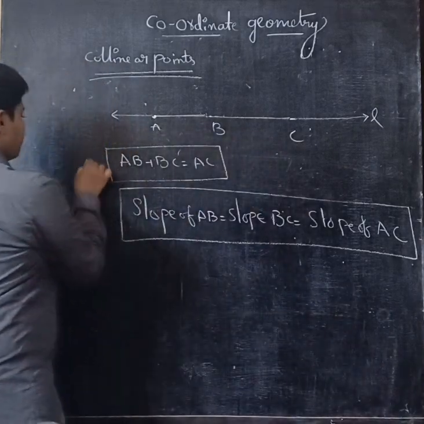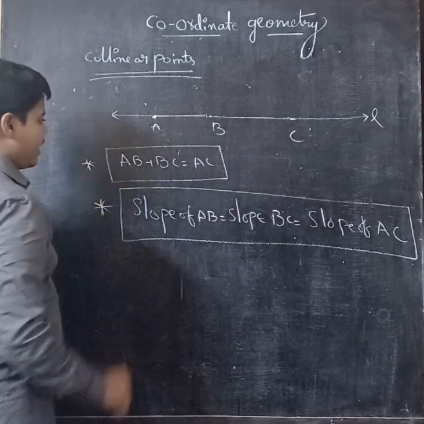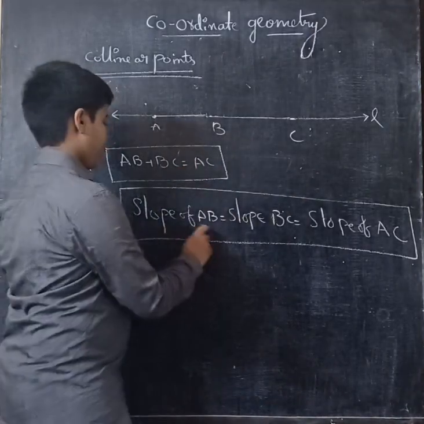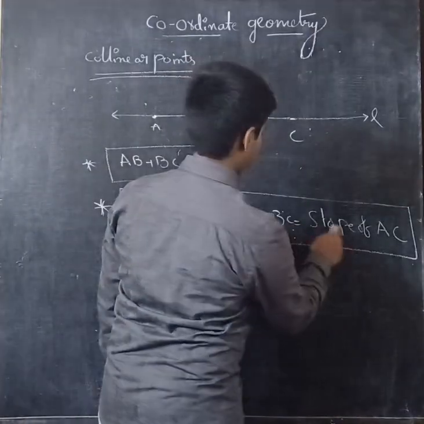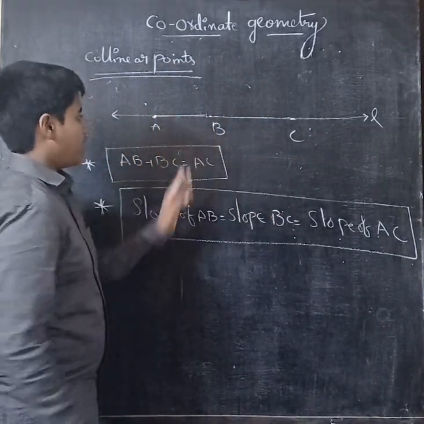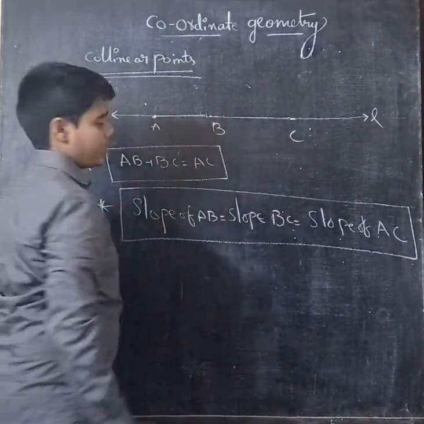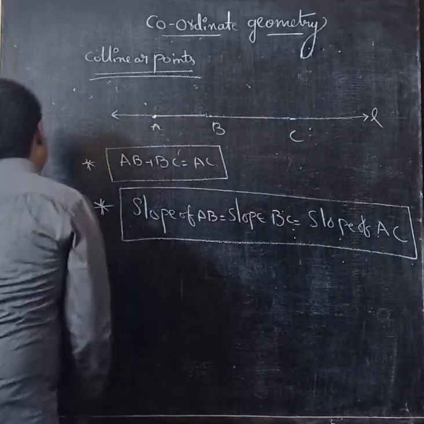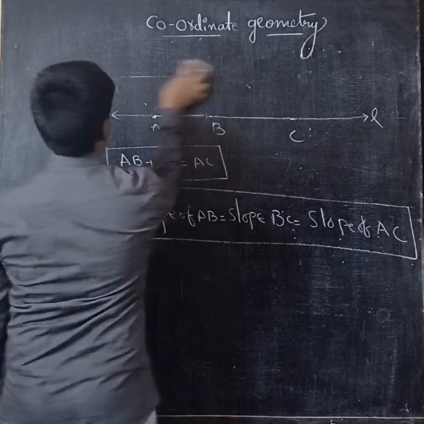If A, B, C are collinear points, then the slope of AB is equal to slope of BC is equal to slope of AC. The slopes are equal at these 3 points. Okay, so this is collinear points.